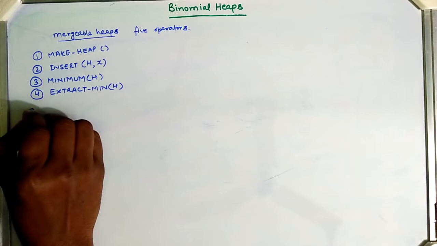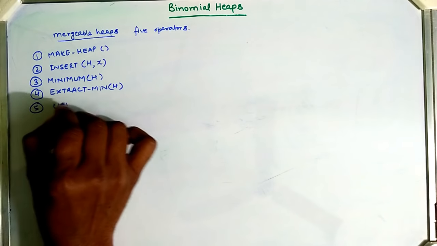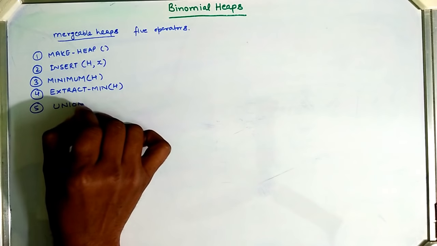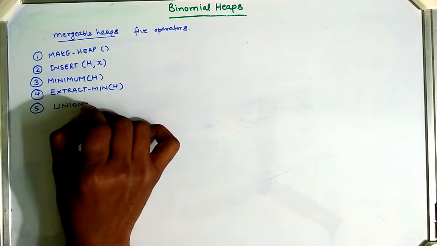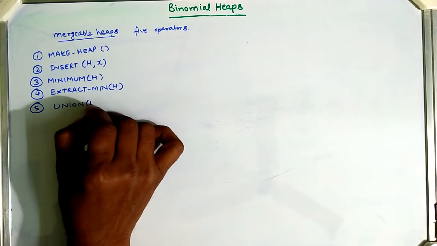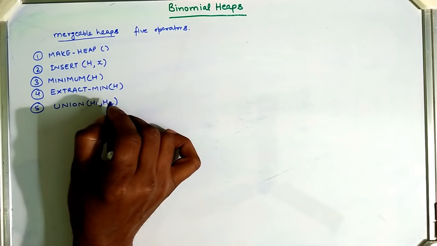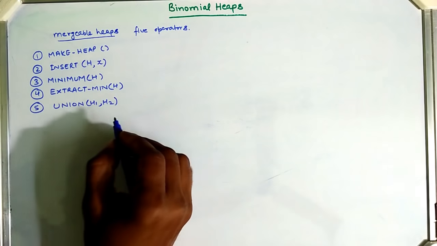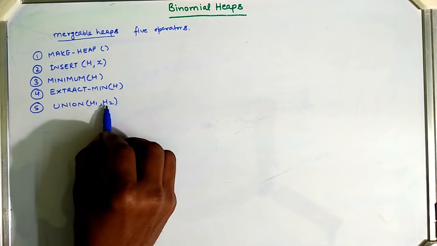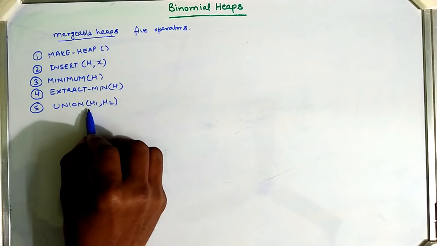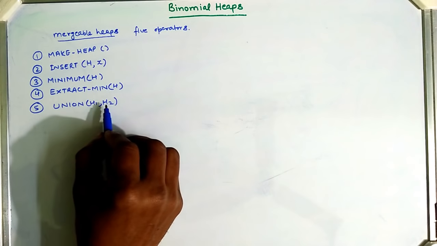Then the next and final operation, which is the most important operation of the binomial heap, is union. The union operation is performed on two heaps h1 and h2. It will create a new heap that contains all the nodes from h1 and h2, and it will free the memory occupied by h1 and h2 individually.